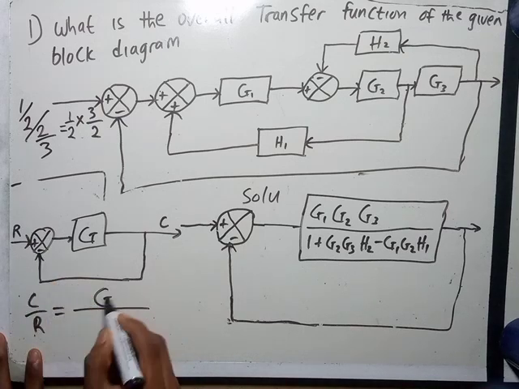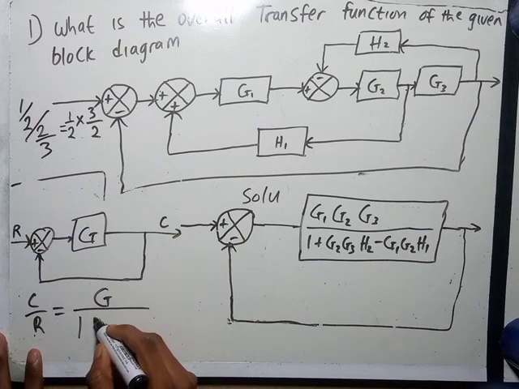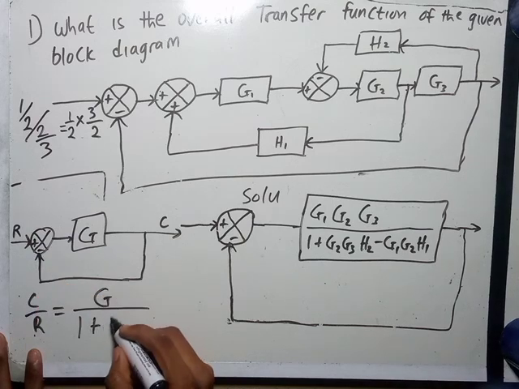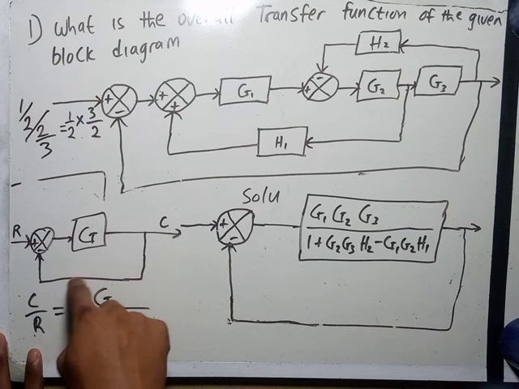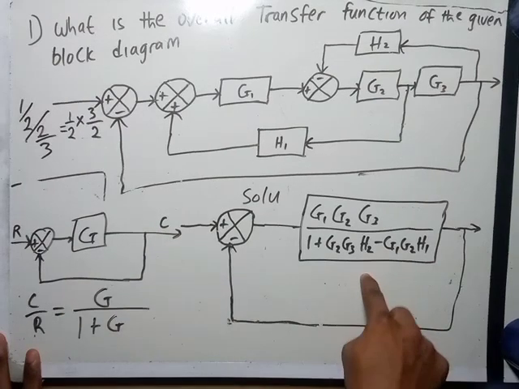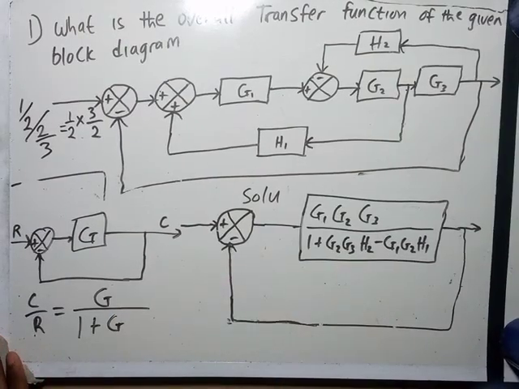If here was minus, it would be minus G. Now 1, is it going to be plus or minus? It's going to be plus because here is minus. 1 plus G only, no H again, because there is no feedback transfer function. So that's what we're going to be doing here. We're going to be doing this for this.